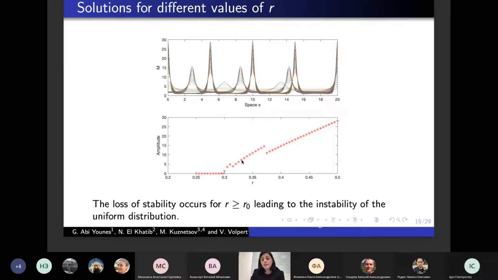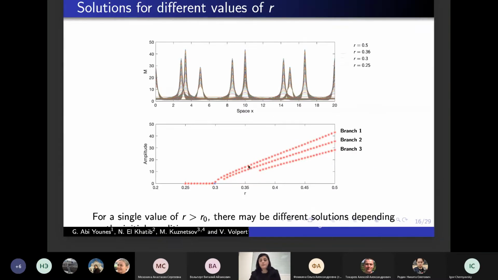So we notice that here we have 3 different branches. Suppose that we are on this branch. What happens if we increase, for example, the value of R? And same question here. What happens if we are on this branch and then we increase the value of R using this continuation method? The result is the following.